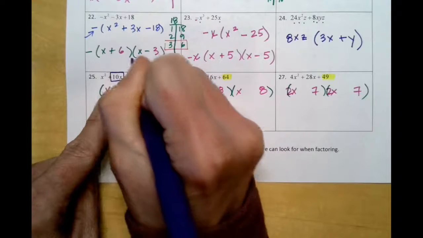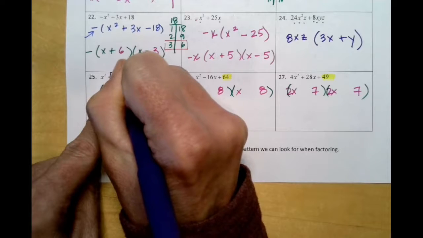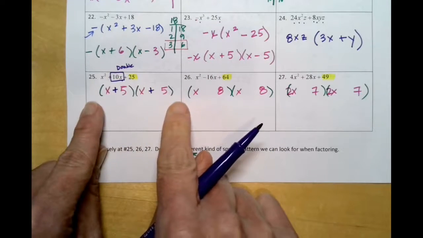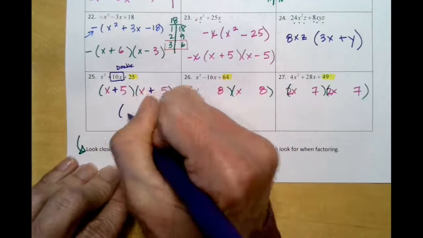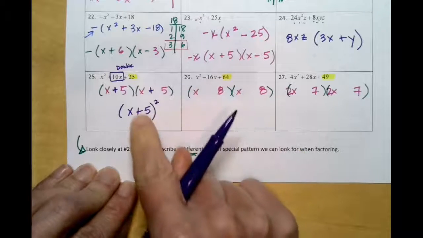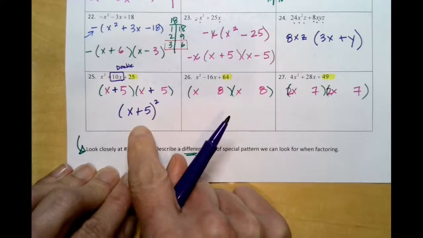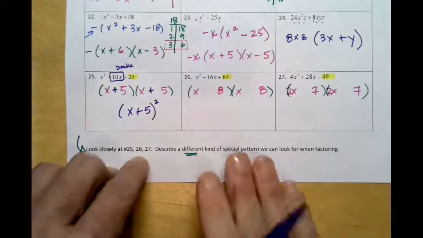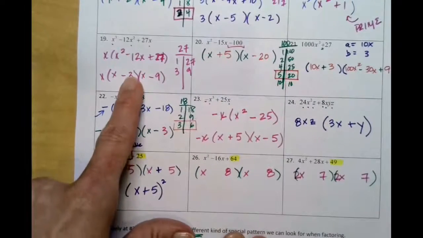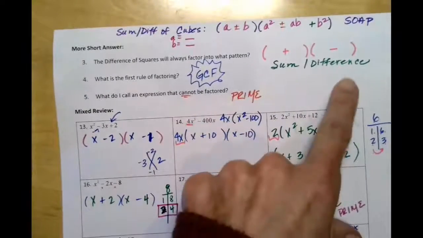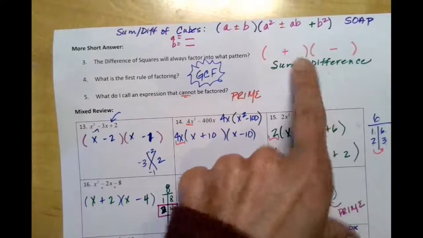This 10x is my double of what happens from my outer and inner terms. So this is what we call a perfect square trinomial, because my factors are identical. I can't do that with my sum difference pattern because they're not identical factors.